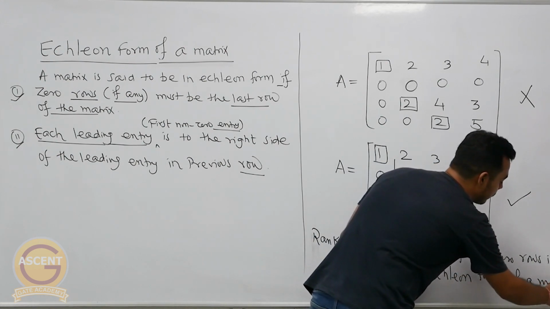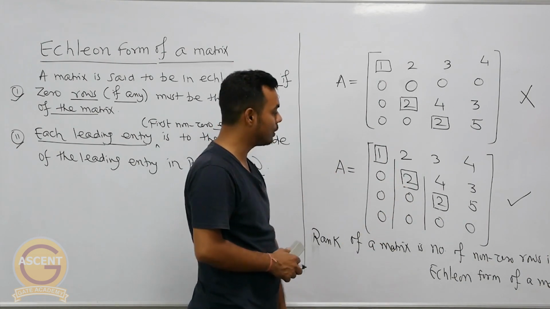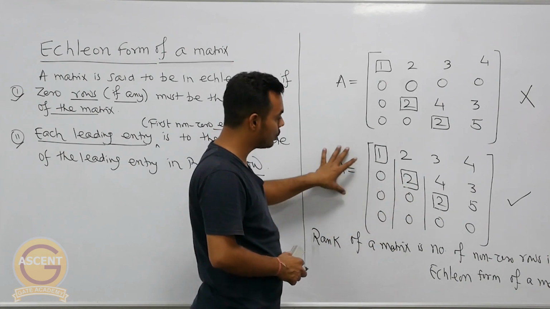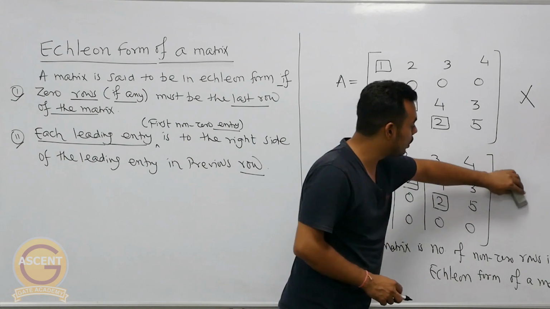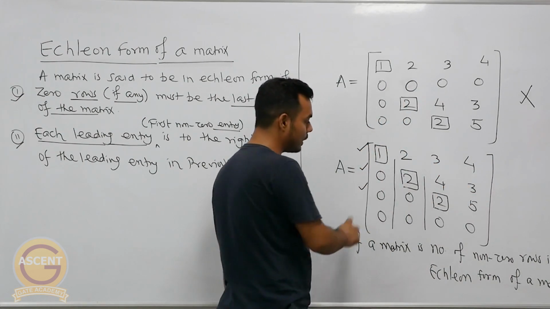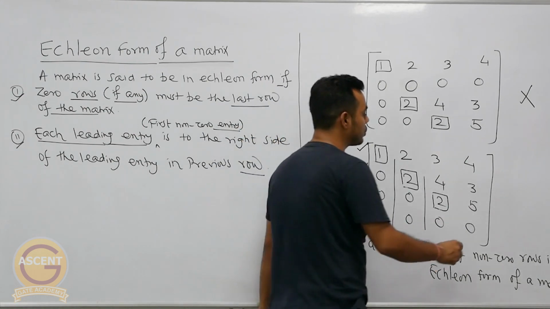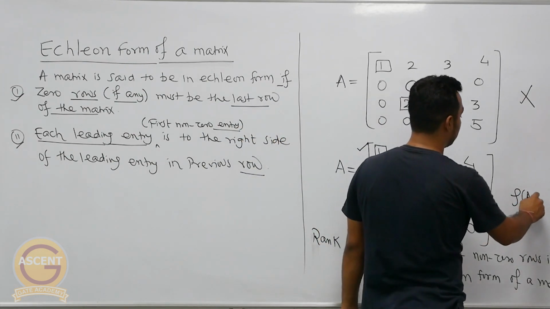So for example, here if I ask you what is the rank of this matrix, first you have to convert the matrix in echelon form. Now this matrix A is in echelon form. Now how many non-zero rows are there? This R1 is non-zero, R2 is non-zero, R3 is non-zero, whereas this R4 is completely 0. So here the rank of this matrix will be simply 3.